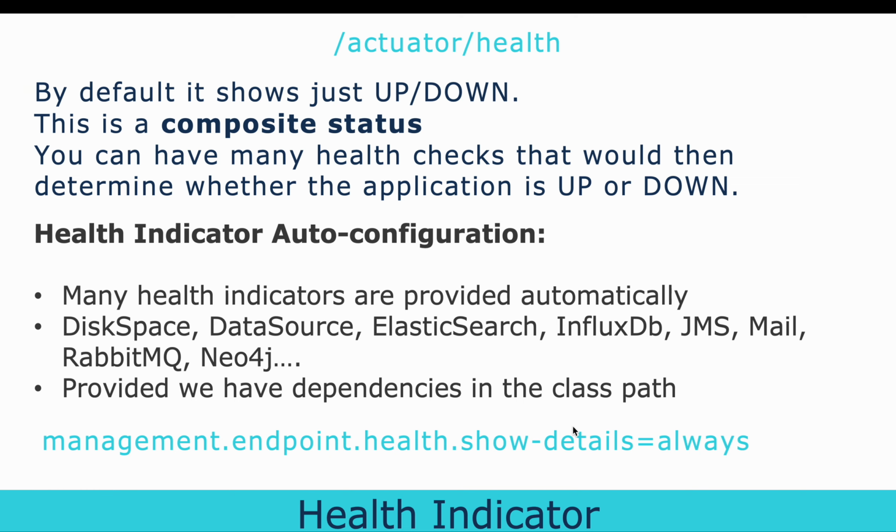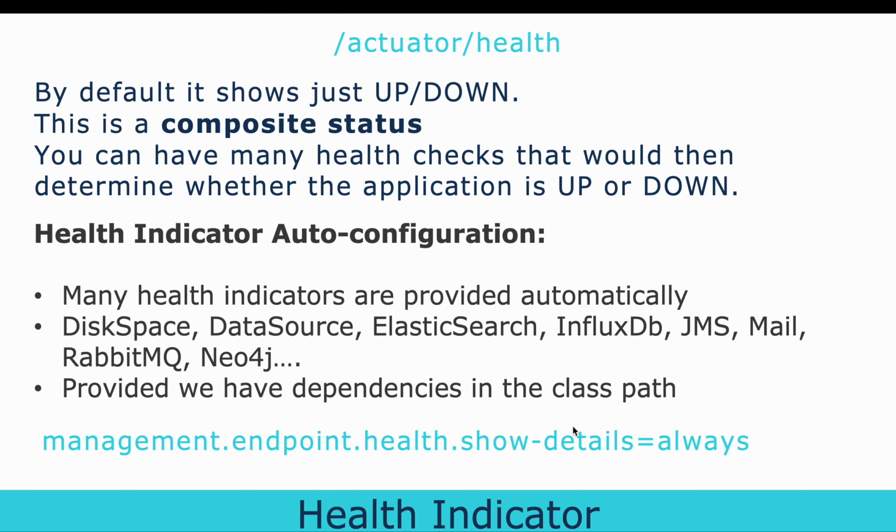It all depends on how you set it up. It's a composite status because you would have many health checks that then determine whether the application is up or down, depending on the health checks of other health indicators.